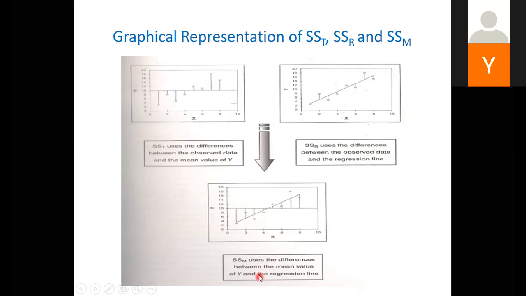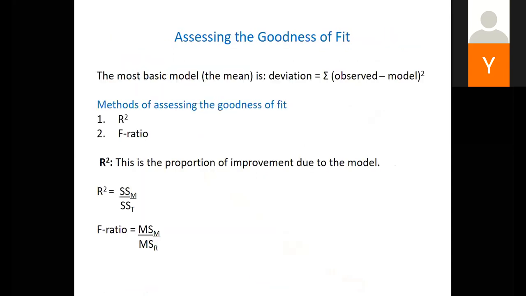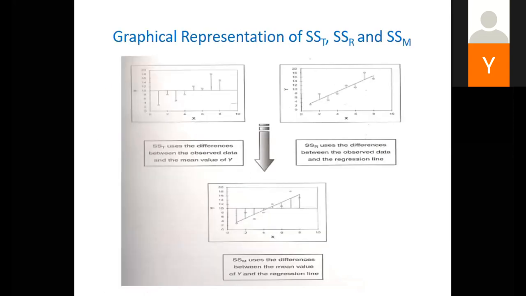So what it is telling you is that the improvement the regression has made is the difference between the error and the one presented by the mean, which is the total sum of square. So in trying to see how good it is now, if you divide the sum of square model, the improvement, over the error, that is the F ratio.